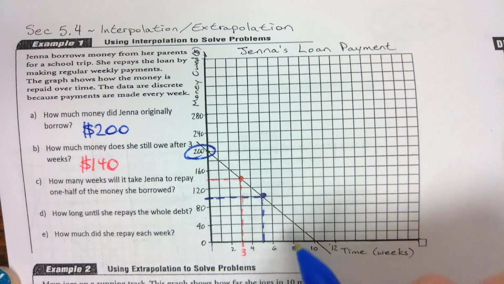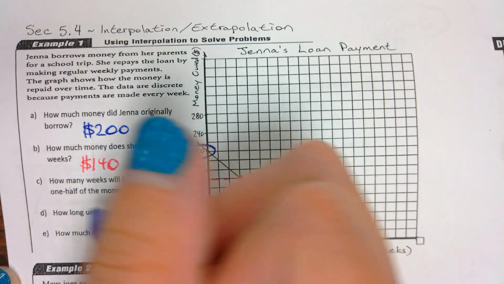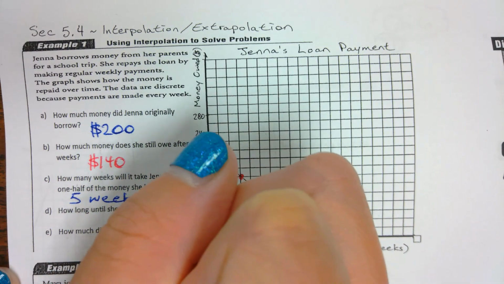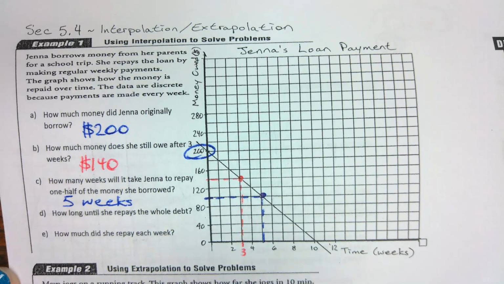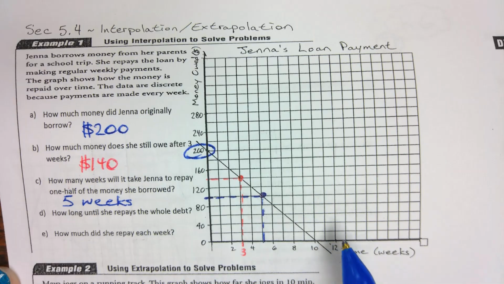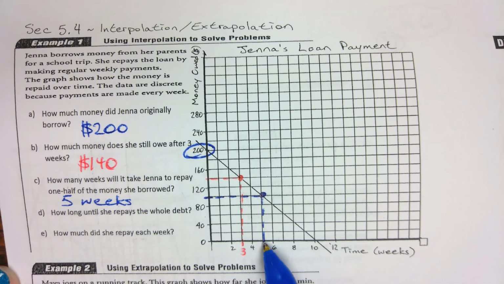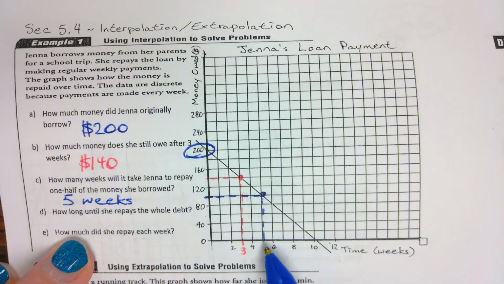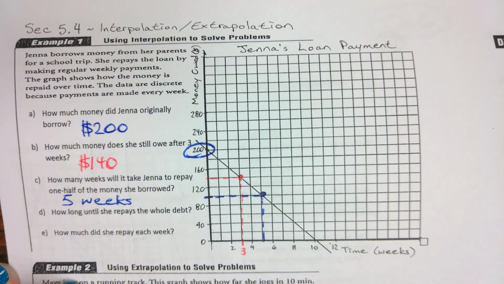Yep, 5 weeks, between 4 and 6 right here. So it's 5 what? 5 weeks. Showing the units will tell me if you understand the problem or not. So if you said, how many weeks will it take Jenna to repay, and you said $5, that tells me that you don't really understand the question.